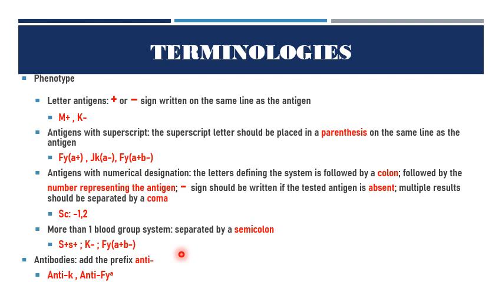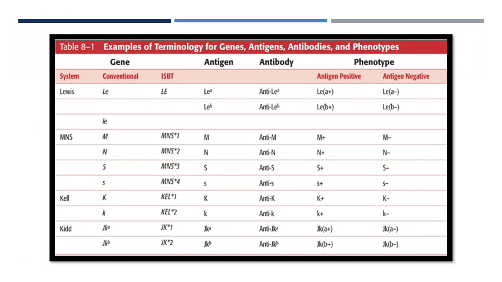For antibodies, just add the prefix anti. So for example, anti-K and anti-Fya. Let us take a look at Table 8.1. These are examples of terminology for genes, antigens, antibodies, and phenotypes. These are examples of genes and they are italicized.